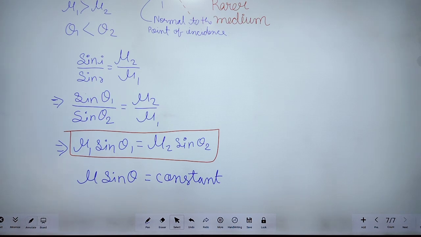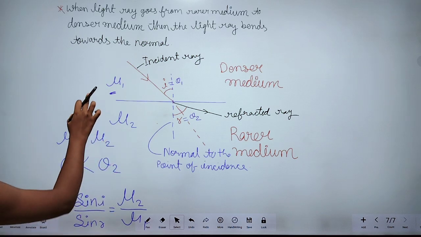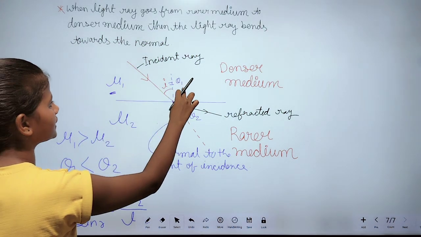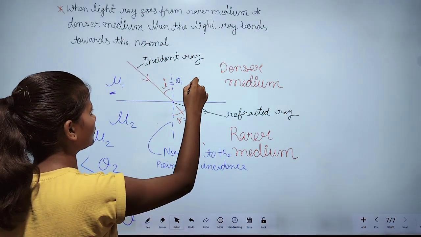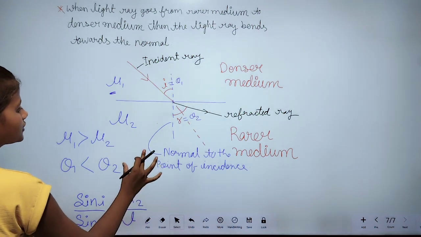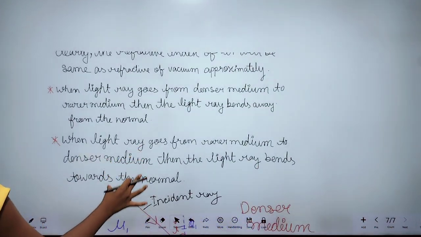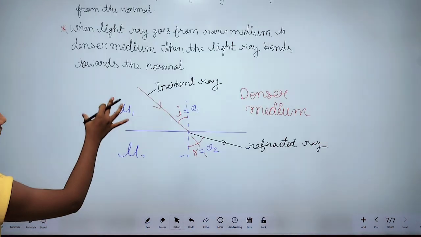Here mu 1 is greater than mu 2 and theta 1 is less than theta 2. It means theta 2 is greater than theta 1. I hope you understand these points in this question also.